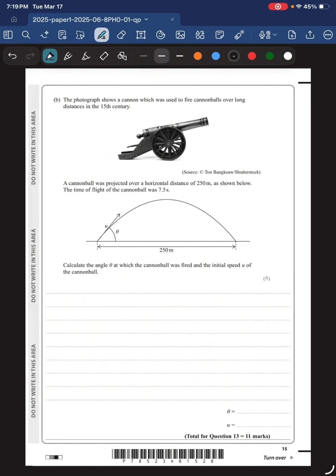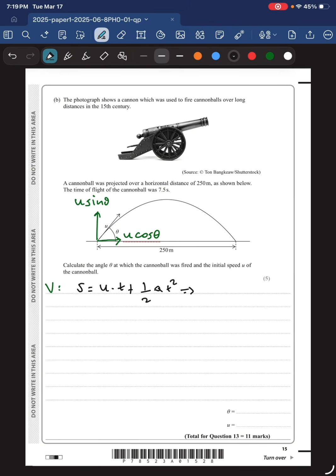So first of all, the initial velocity u comes in two components, a horizontal, which is equal to u cosine theta, and a vertical, which is equal to u sine theta. Okay, so let's start with the vertical direction and see what happens. So if we use the SUVAT equation, s is equal to the initial velocity times time plus 1/2 at squared, right?